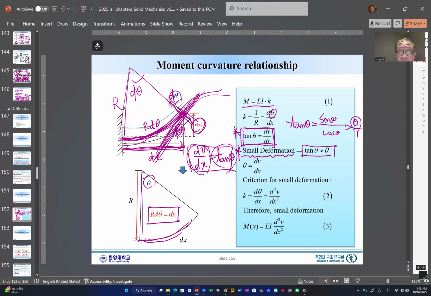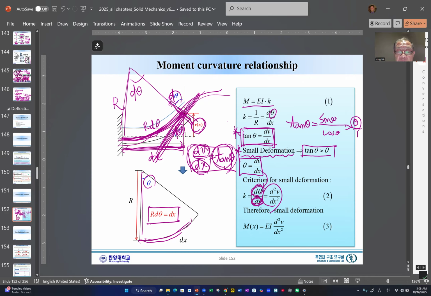Now, with this, dv dx, rather than tangent theta, we can say theta. Now, d theta dx, sorry, d theta dx, now we can give it here. Now, twice the derivative of the deflection curve.